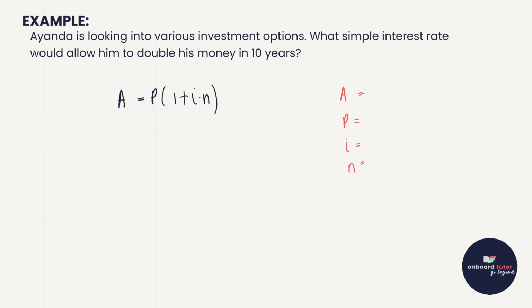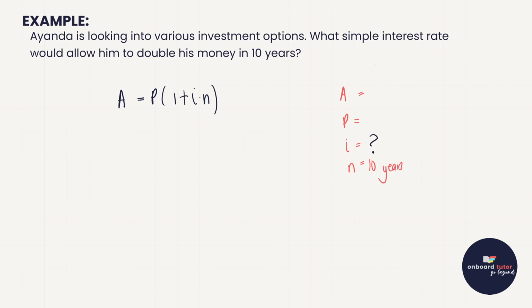Let's read. Ayanda is looking into various investment options. What simple interest rate, so there I can see the question, would allow him to double his money in 10 years. So there I can see 10 years.